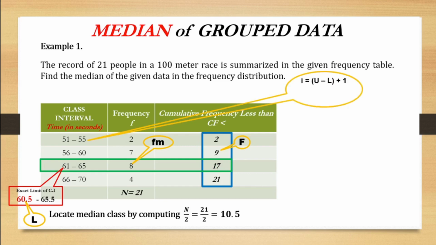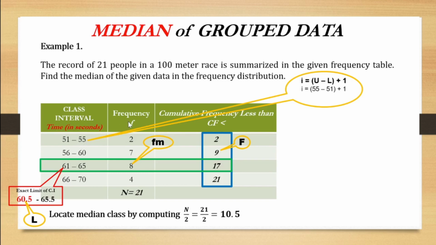Then how do we find the class size interval? In any of our class intervals, just identify the upper and lower limits and substitute them into our formula. The formula for the class size interval, or I, is equal to upper limit minus lower limit plus 1. If we take 51 to 55, our upper limit is 55 and our lower limit is 51.